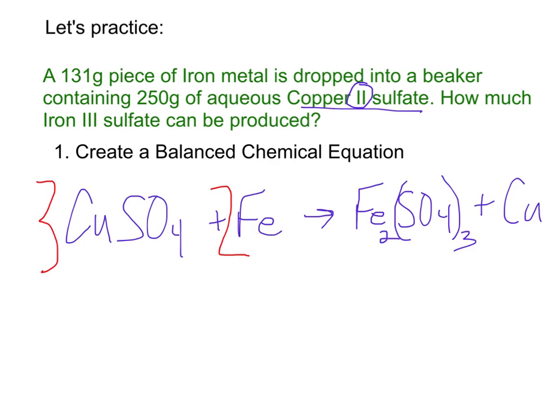But now all of a sudden I have 3 coppers, but here I only have 1 copper, so I got to put 3 over here. So now when I come back and check, I see 3 coppers, 3 coppers. I see 2 irons, 2 irons. And I see 3 sulfates, because this 3 goes to this over here, so there's 3 sulfates, 3 sulfates. So there's my balanced chemical equation. So now I can start my problem.